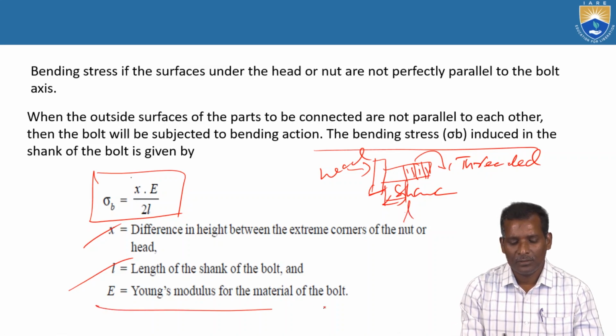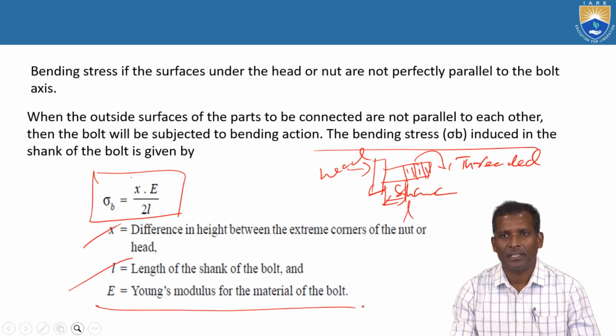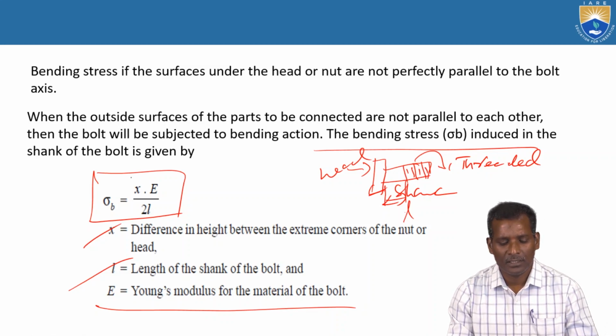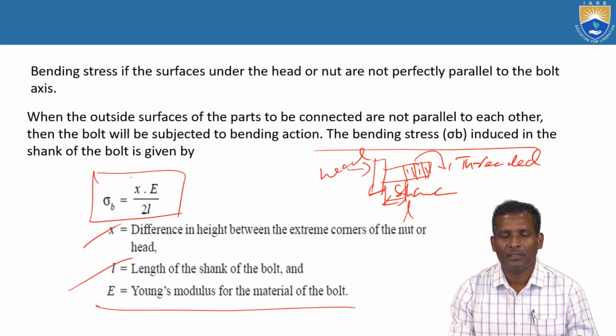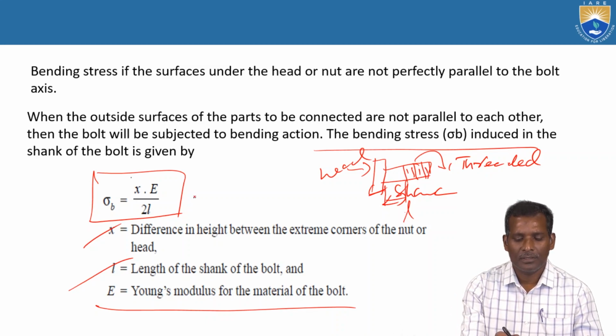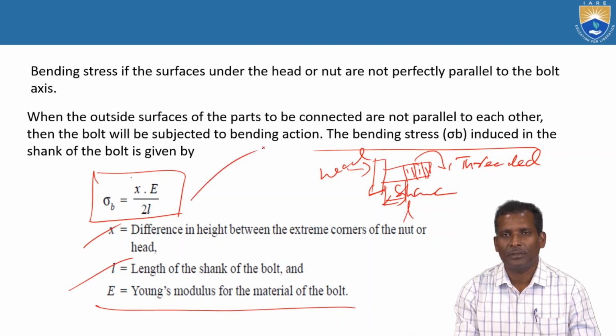And E, you know, is Young's modulus for the material of the bolt, which depends upon the bolt material. Substitute those values in this equation, and you will get the bending stress.